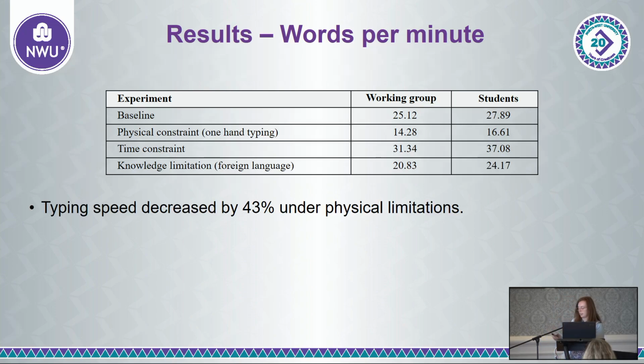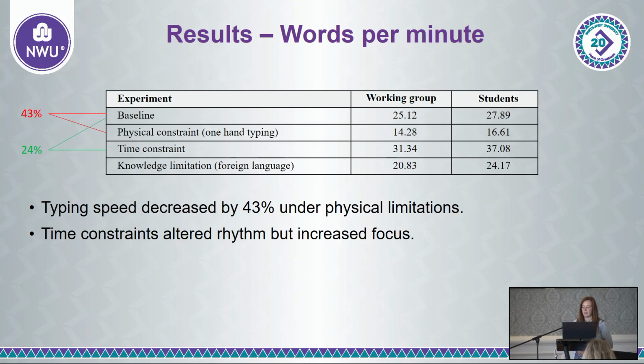Typing speed decreases by 43% when the physical constraint experiment is compared to the baseline. So 43% is different when you're only using one hand. That shows a significant difference in your typing pattern.